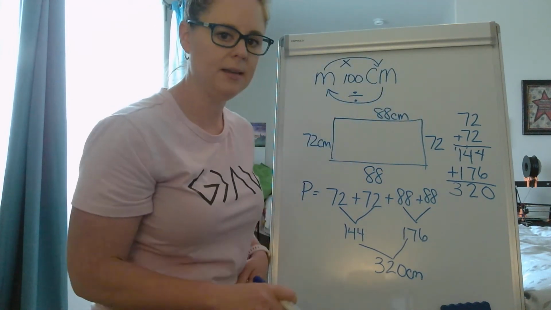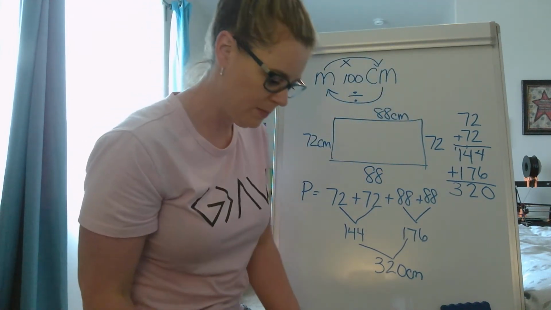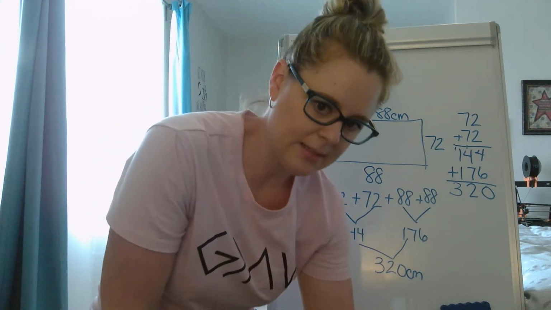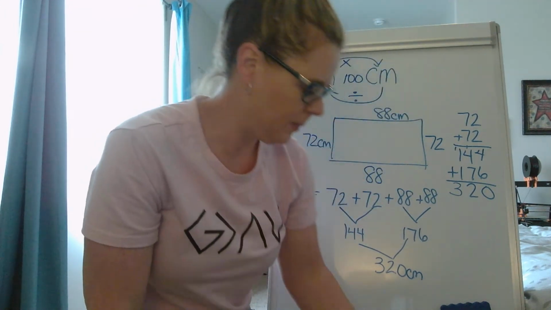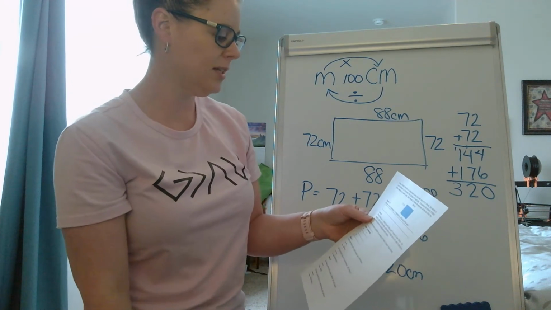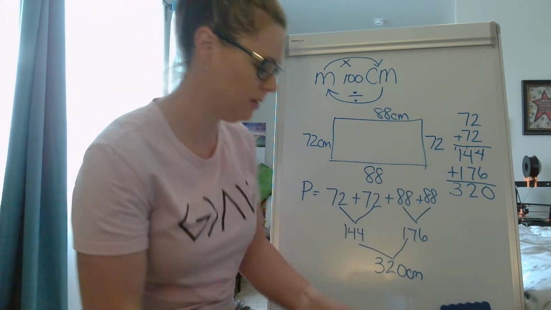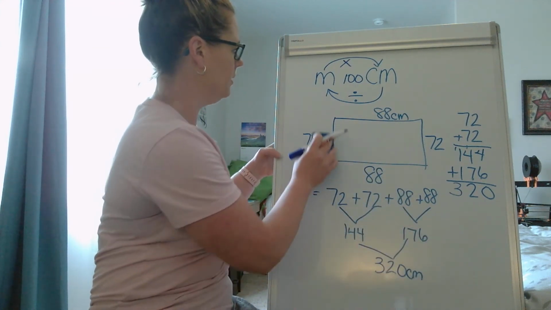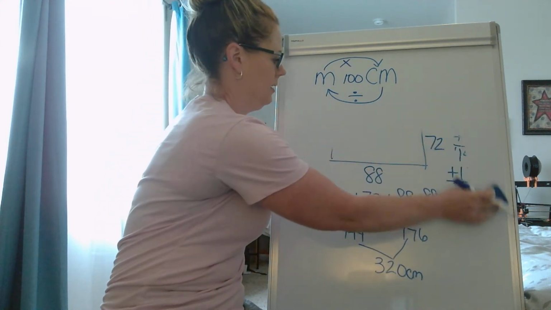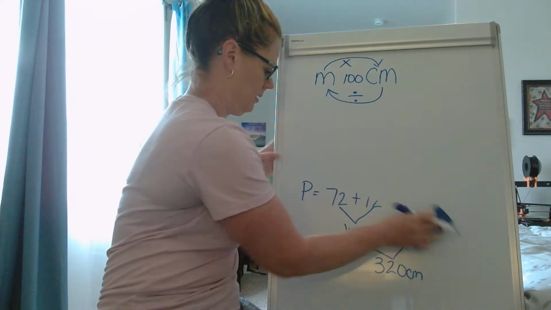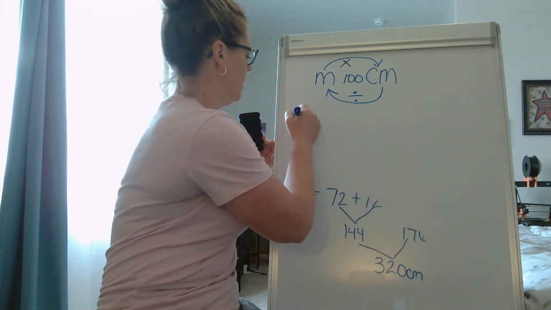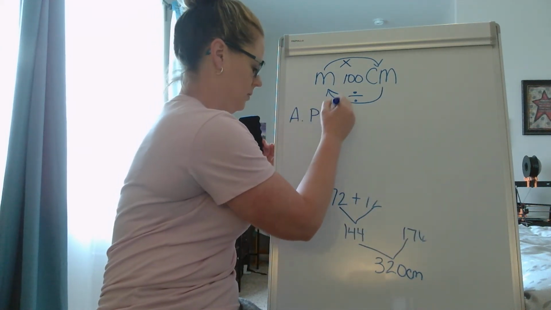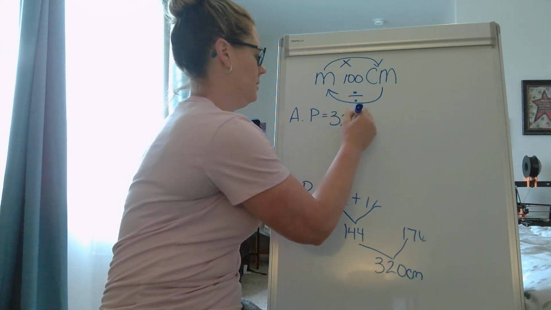Okay, then after we have this, part A, perimeter equals 320 centimeters.